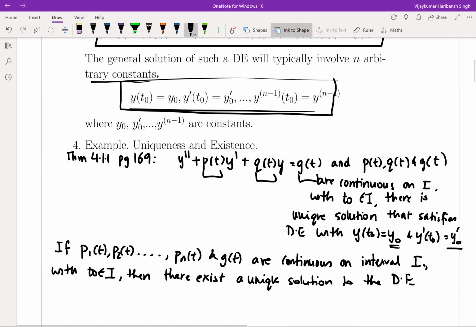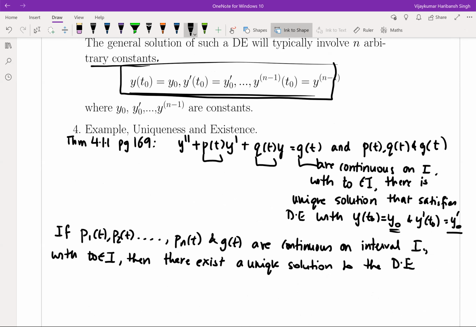So we say that this differential equation has a unique solution satisfying the initial conditions.